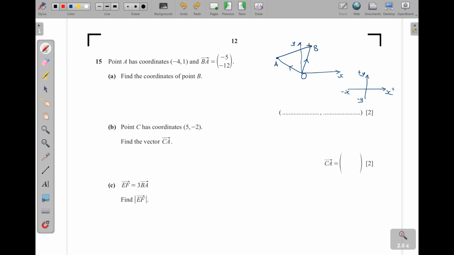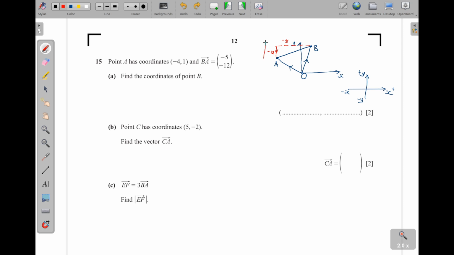Let me change the color here. So I'm moving 5 units, then 12 units. This one looks weird, but because this is 5 and then this is going to be 12, yet it is shorter, but don't worry, this is -12. So we come like that. That means if I'm moving from A to B, I move in the opposite direction.